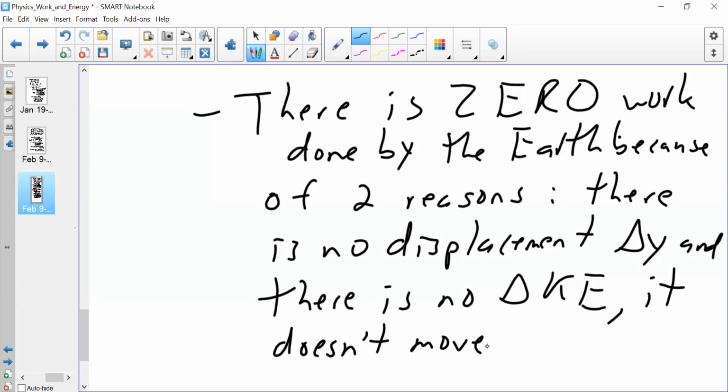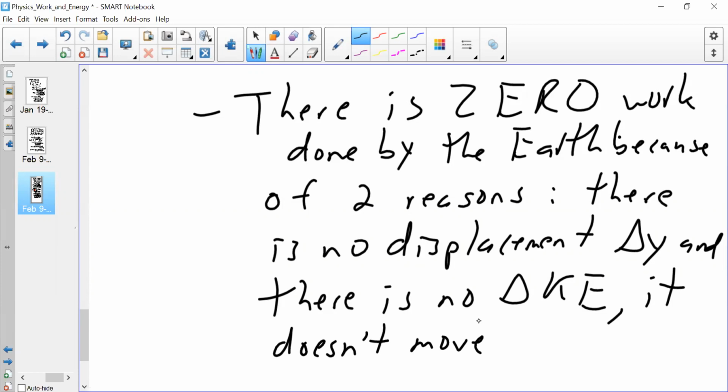We can kind of know that there's no work being done there because there is no change of position. It's just at rest. There is no movement. I lift the ball in the air. At that point where I have the ball in the air, there's still no work being done by gravity. Force of gravity is coming down. I've lifted it up to that point, but at that moment, I do not have any work being done because it's at rest. It's at rest on the ground, and it's at rest at that point in space.